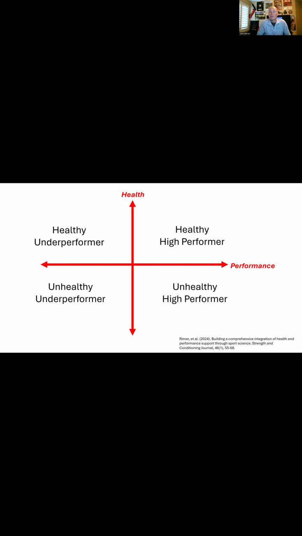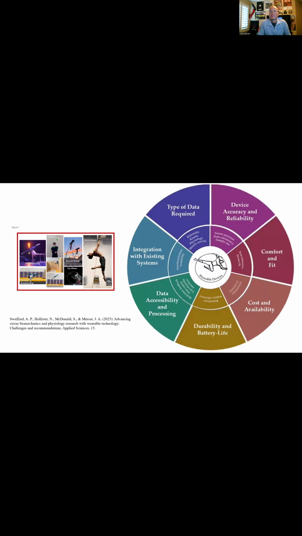And how do we help people be healthy? And how do we help them perform to their highest ability, given the constraints and the context of their lifestyle? So this is not just about the elite performer. This is about the everyday athlete as well. But when we start talking about technology in sports science, what we're using technology for is to help us move people into the healthy high performer quadrant.